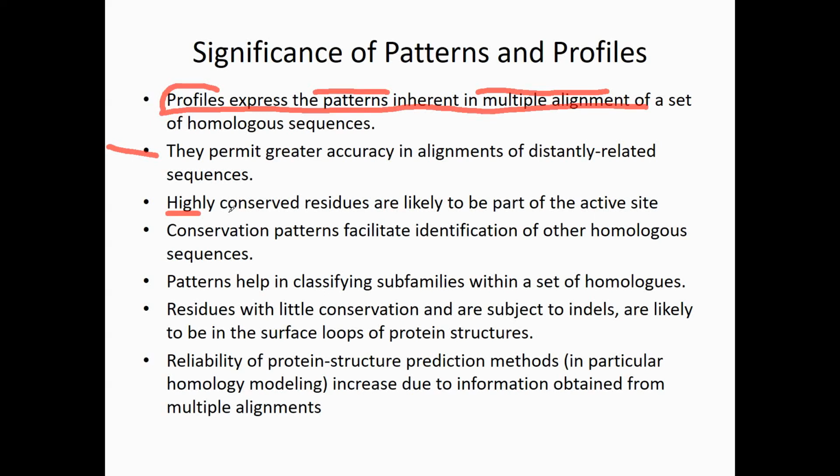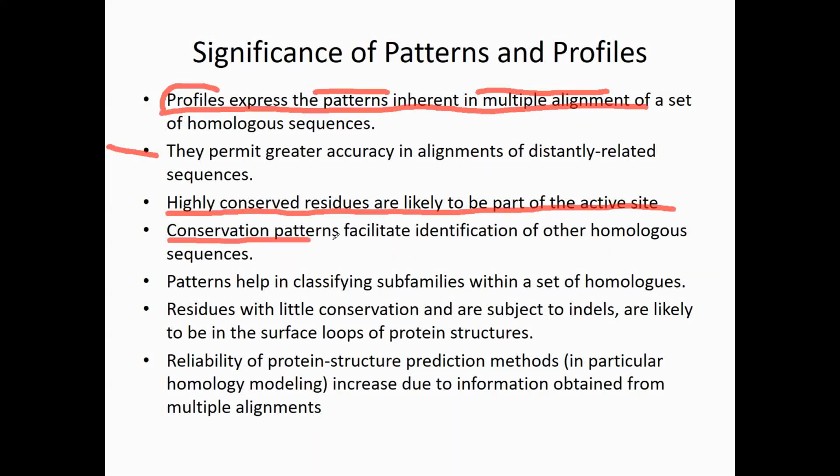We discussed conserved residues during the previous class. So it is more likely that they would be part of the active site, binding site, or functional site of the protein.